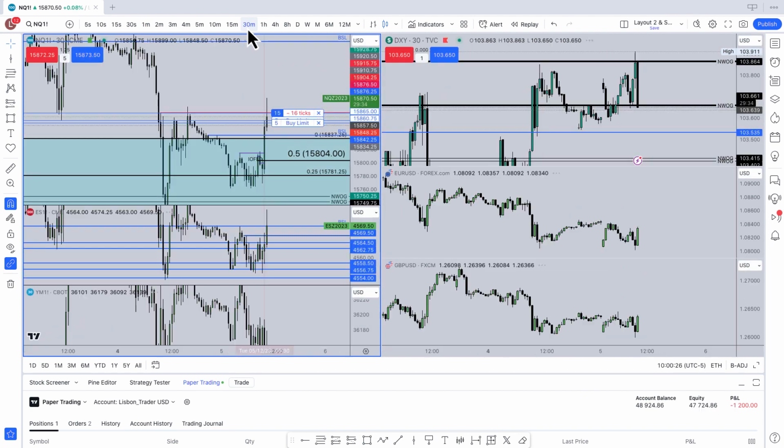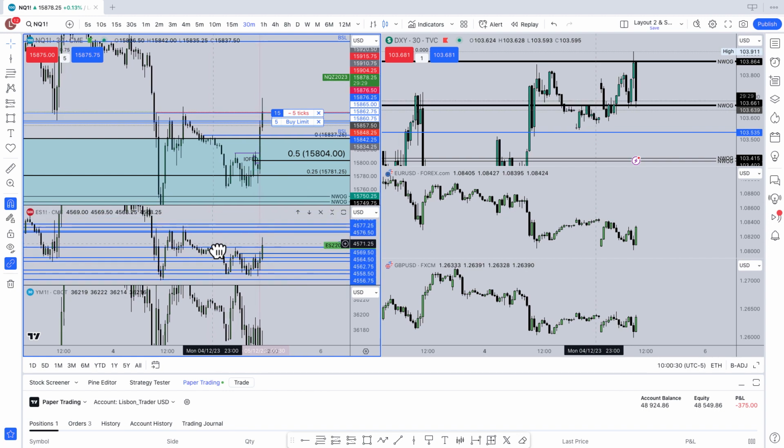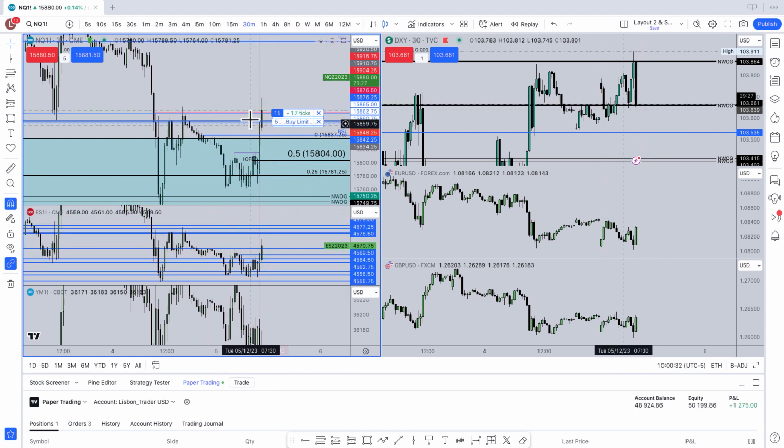So what do we have here? So we have this buy side liquidity broken, and we want to see it reach above there.